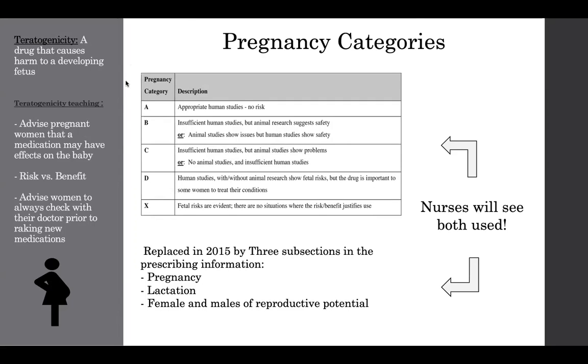So you'll see that used still. You then also have pregnancy category C, which you again do not have enough human studies done. But they have shown some problems with animals, so you will very rarely, if ever, see those used within humans.